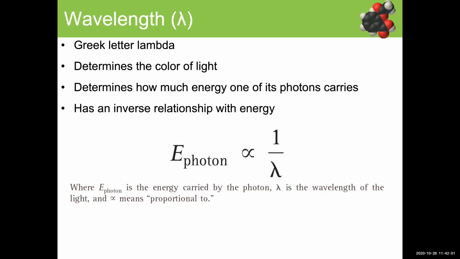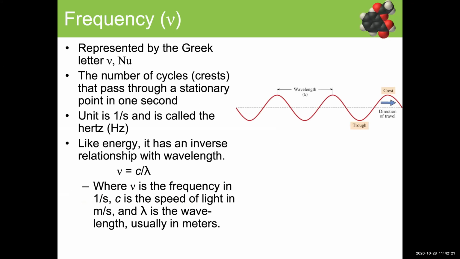So energy is proportional to 1 over the wavelength. What that means is the bigger the wavelength, the longer the wavelength, the less the energy. And so the energy of the photon is inversely proportional to wavelength. Now, the frequency, which is represented by the little v looking character, which is the Greek letter nu.